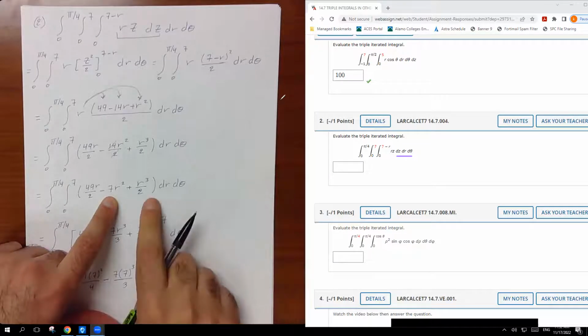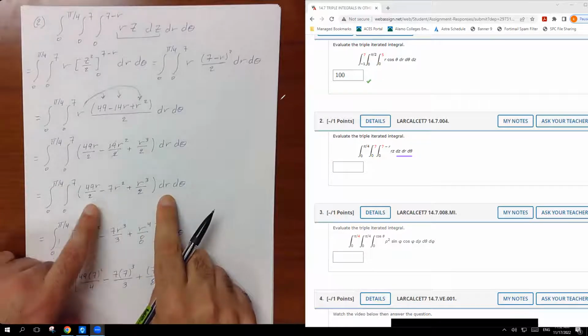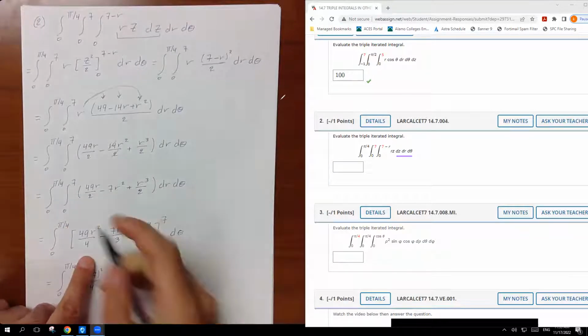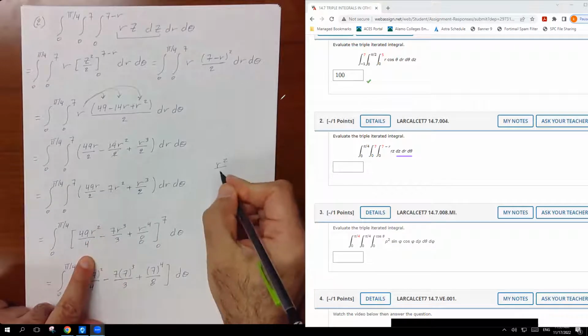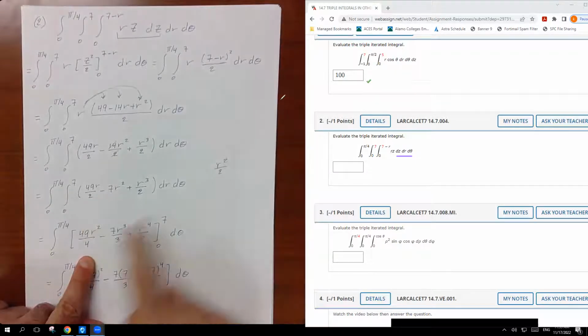Then I'm going to do the integral with respect to r. So it's going to be 49 r squared over 4, because we have the 2, and the integral of r is r squared over 2, so 2 times 2 is going to be 4.